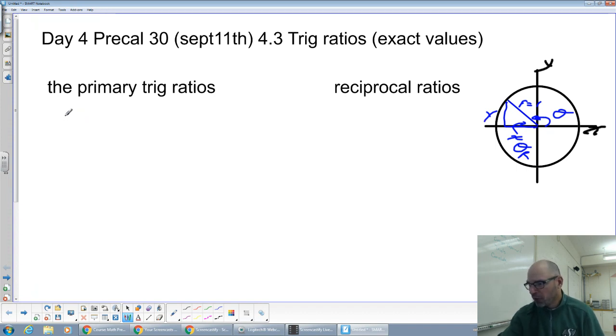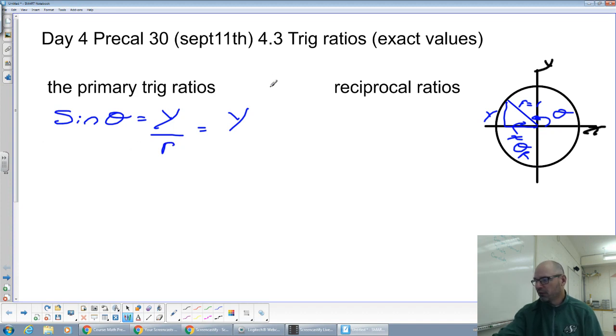So we know that sine theta is equal to y over r, or y over 1, because r is 1, so it's just y in the unit circle. Okay, so we'll write both so you don't get confused. So that would be equal to y in the unit circle, because r equals 1.